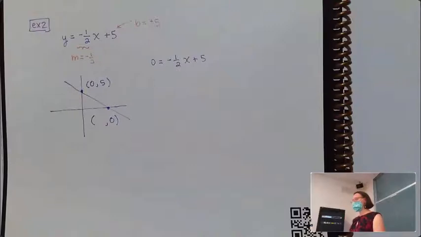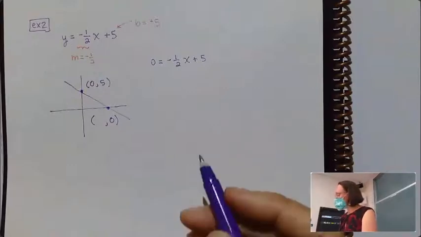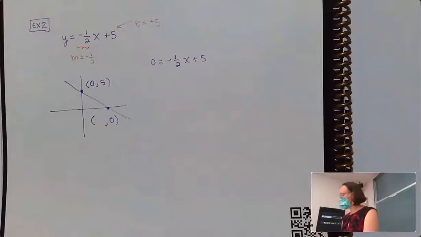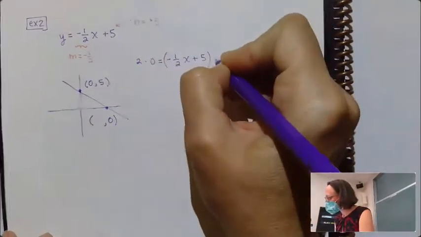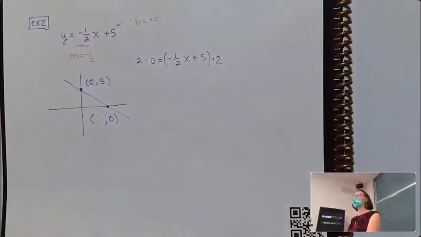Because there's a fraction and an equal sign, I'm going to choose to multiply everything by 2. Could I move stuff first? Absolutely. Am I going to? No, because I want to practice distributing things in. So 0 times 2 is 0.